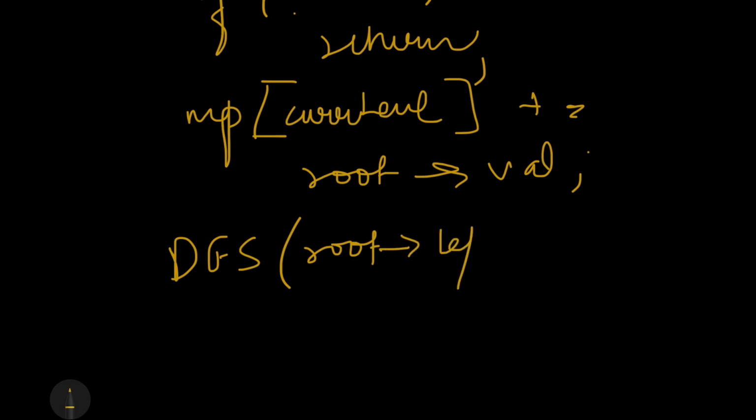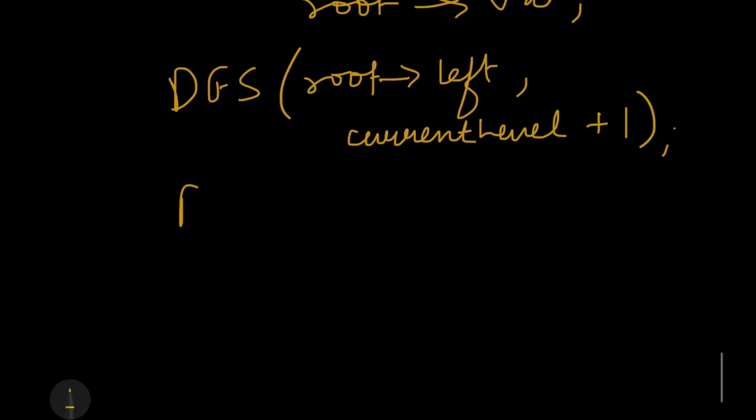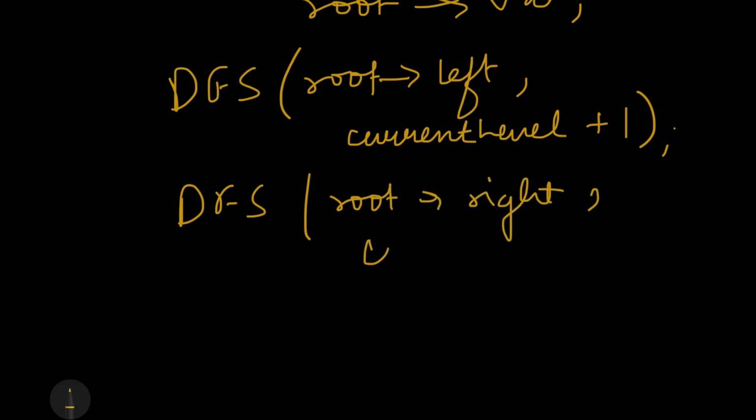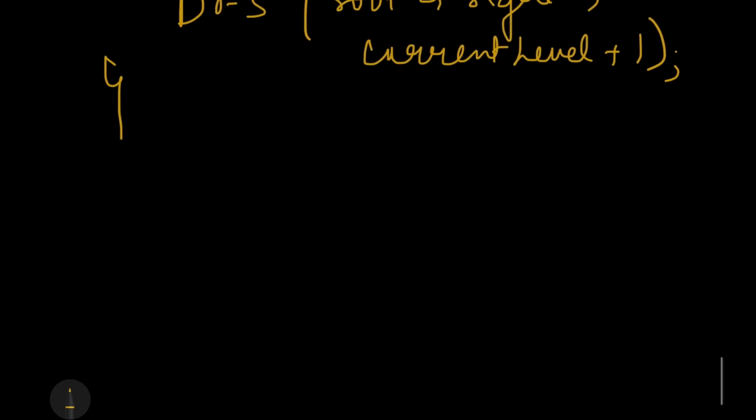And then we'll again call this function by sending the root left child and the current level plus 1, and we'll again call it by sending the root right child and current level plus 1. So in here we'll call this function again and again, and at last our map would be containing all the levels and their corresponding sums.